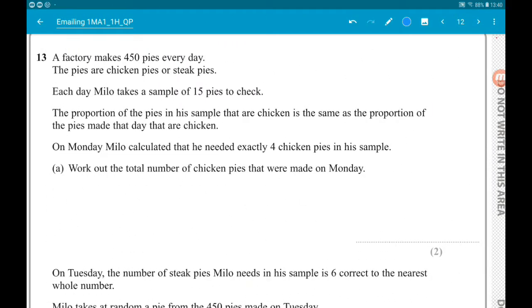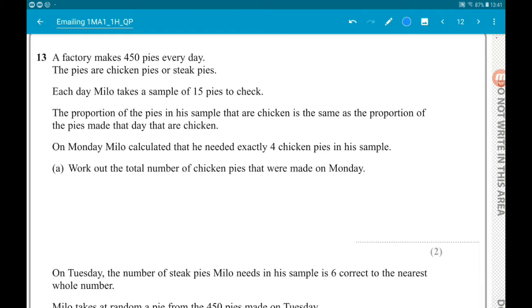Okay, number 13. A factory makes 450 pies every day. The pies are either chicken or steak. Each day, Milo takes a sample of 15 pies to check.